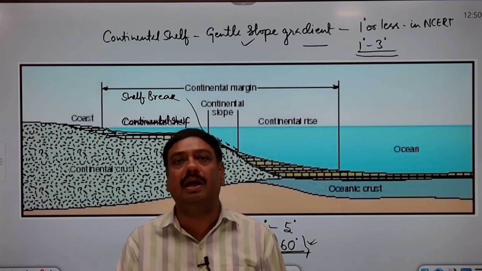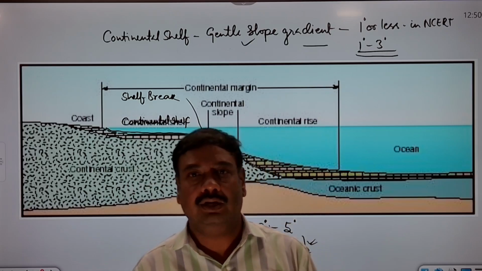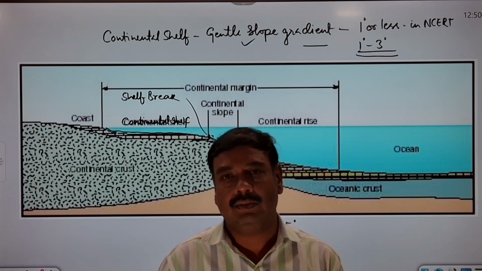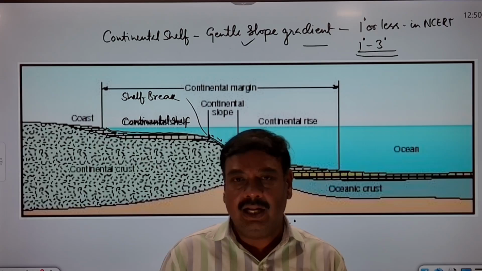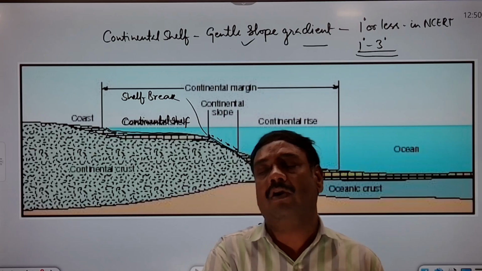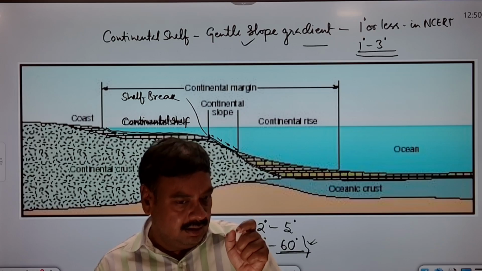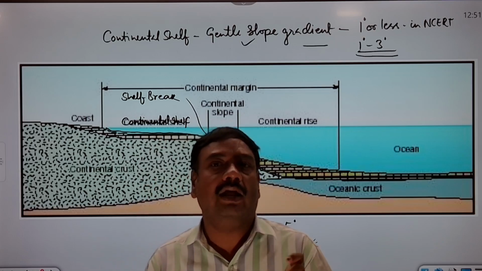In North America it is the Rocky Mountain Range, in South America it is the Andes Mountain Range. So since mountain ranges are present along the margin, the width of the continental shelf is narrow.